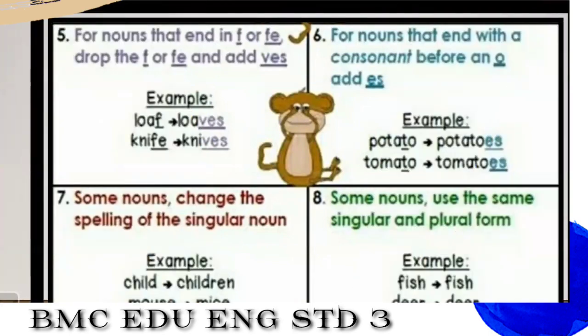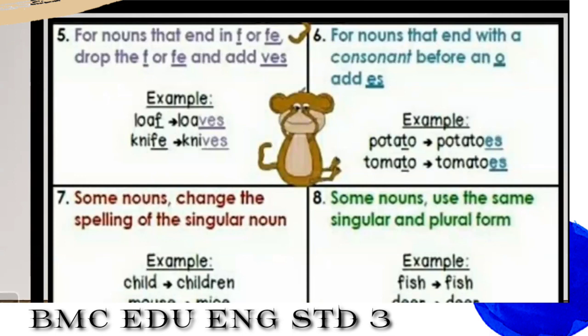Then fifth rule, if the word is ending with F or FE, you have to remove F or FE and add VES. Then sixth rule, if the noun is ending with O, what you will add? You will add ES to make it plural. Seventh one, if there is an irregular plural, in the plural form the spelling will totally change.